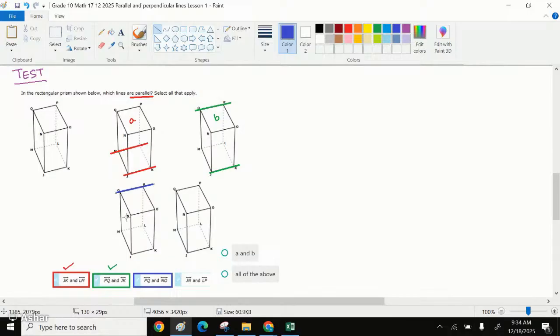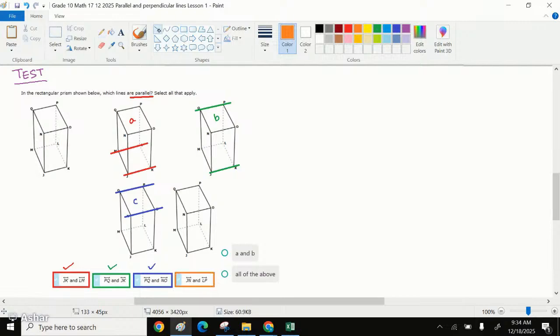And NO is this line. It's also parallel. Yes. Option C is also parallel. Let's look at option D. Let's find whether it's parallel or not. Okay. So what we can do is, we have the question JN and LP.